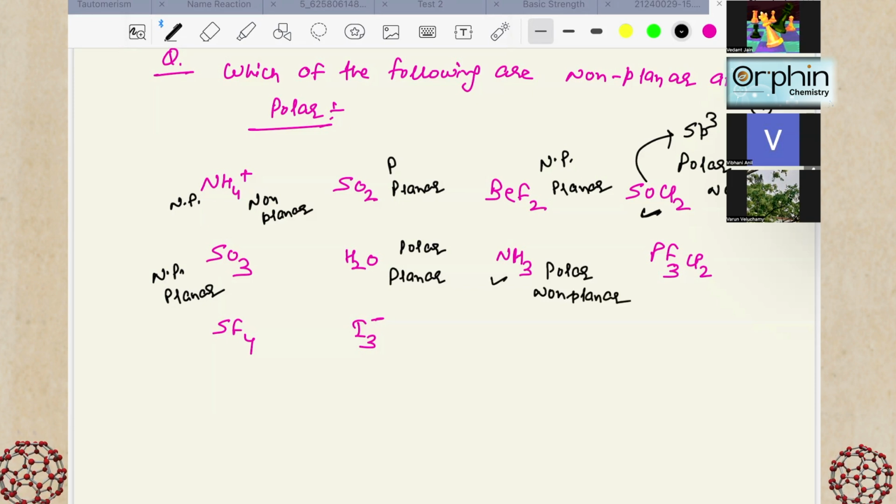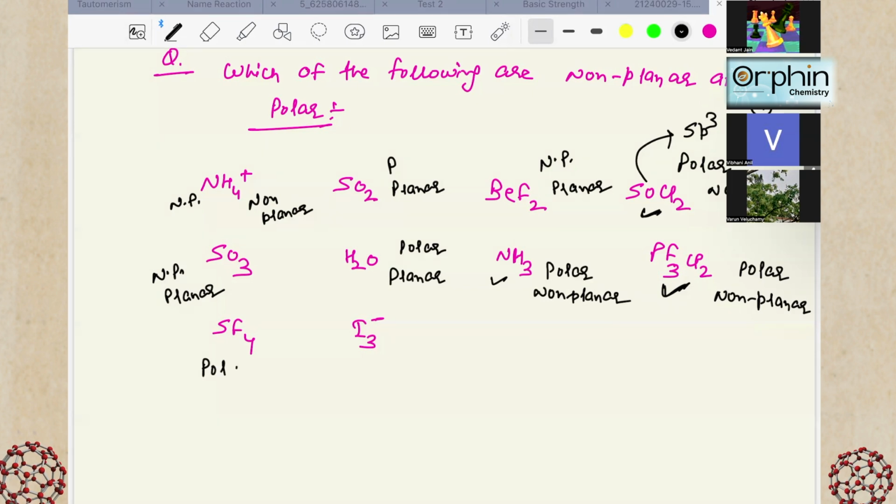PF3Cl2 is polar here. We have seen it. And it is non-planar also because it is trigonal bipyramidal. All the atoms can never be in one plane. So this is again our answer. SF4 will be polar because it is a case of one lone pair. And then it is seesaw shape. Seesaw can never be planar. So it is non-planar also.